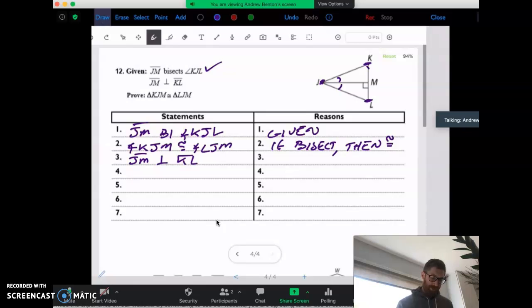So if you look here, we have the box. Don't let them trick you with this picture, right? We know two angles have to be right. So we know that angle JMK and angle JML are right. Because if perp, this is given. If perp, then right.